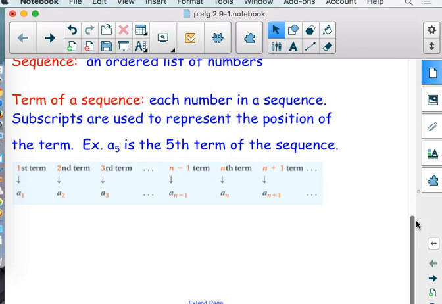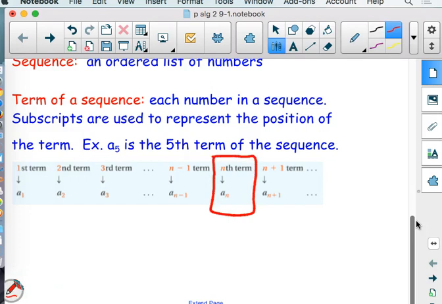a sub n minus 1. What on earth does that mean? Remember I told you that a sub n means any term, any term you want. If that's the sixth term, and we're supposed to find n minus 1, you're going to back up from the sixth term by 1. Where would you be? The fifth term. Generically, we read this as the previous term.